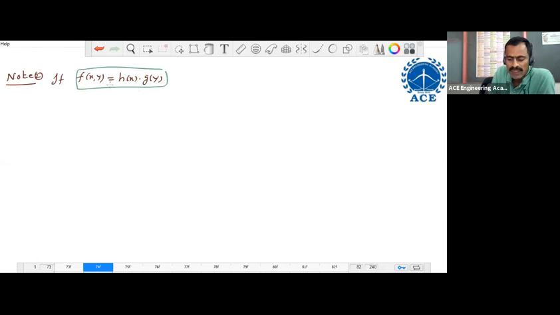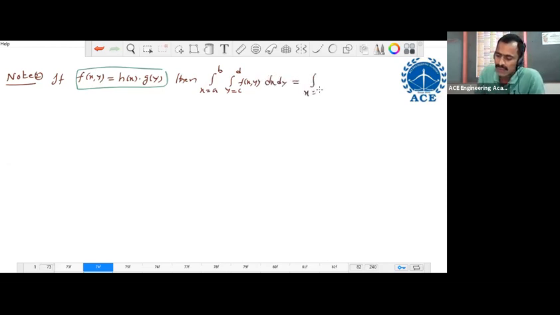That is, variables are separated only. Then integral x equal to a to b, integral y equal to c to d, f of x comma y dx dy is equal to integral x equal to a to b h of x dx into integral y equal to c to d g of y dy.